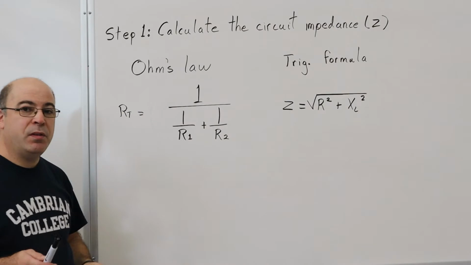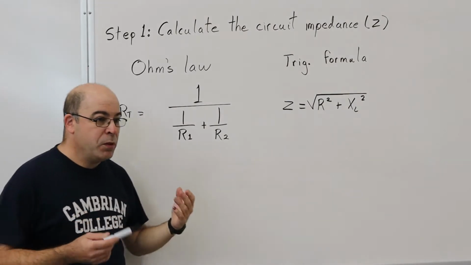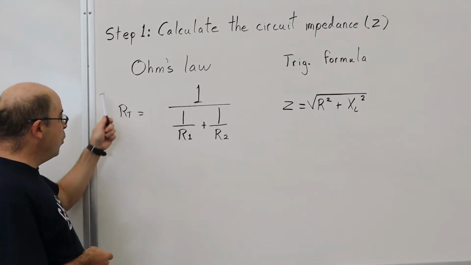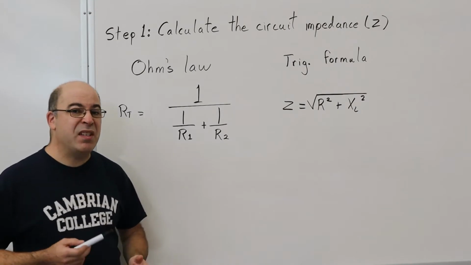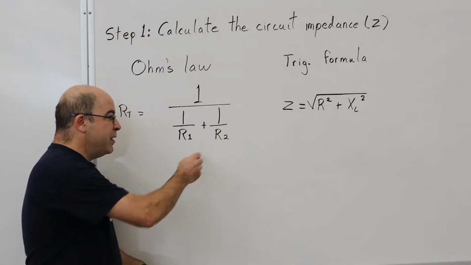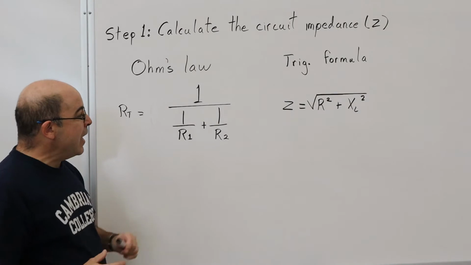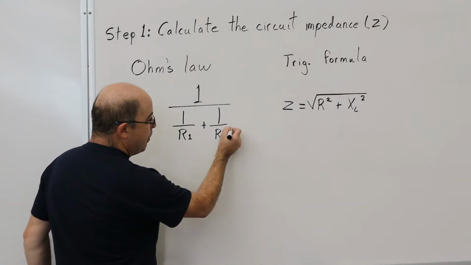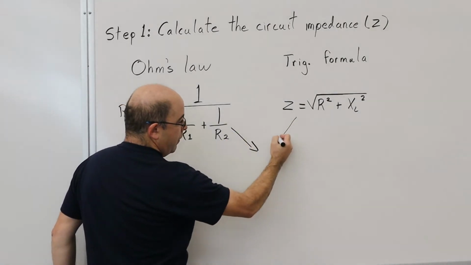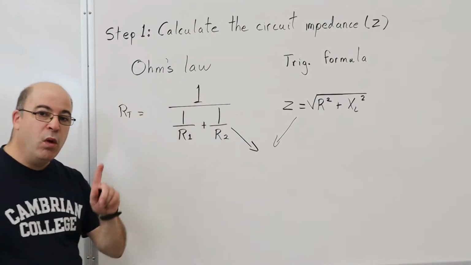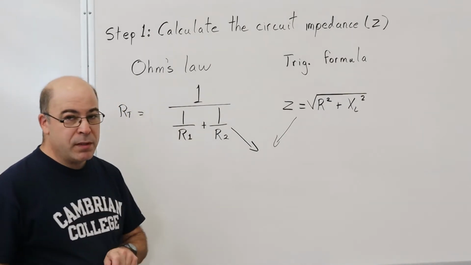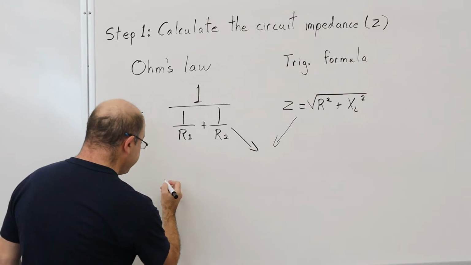But with the parallel circuit, we know through studying Ohm's law that the overall resistance of the circuit will be smaller than the lowest value of resistor. Now, we actually have to combine both of these formulas into one formula. And that formula is going to look an awful lot like this.